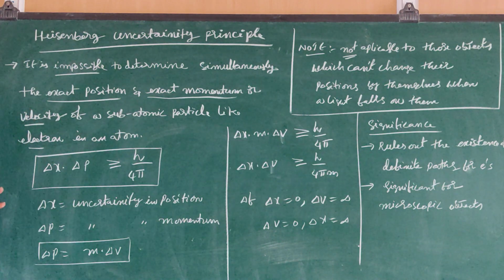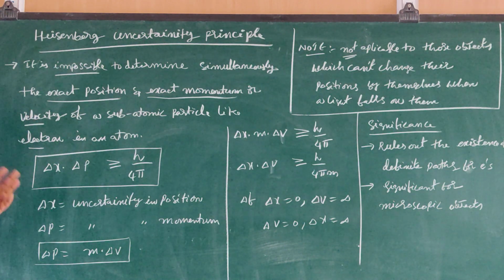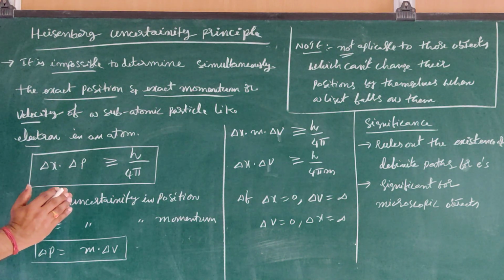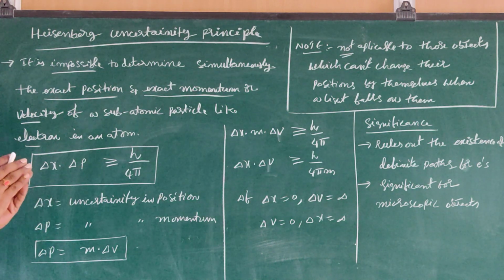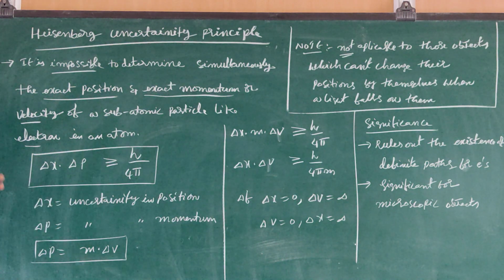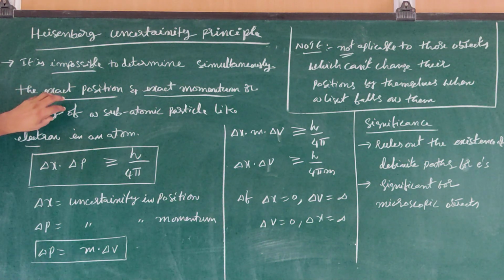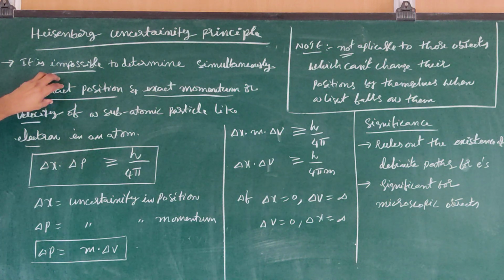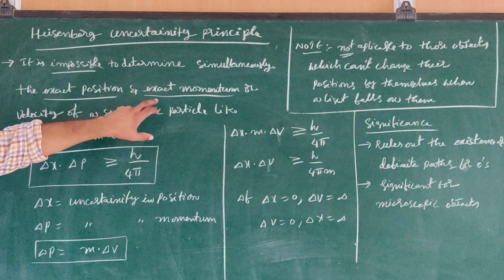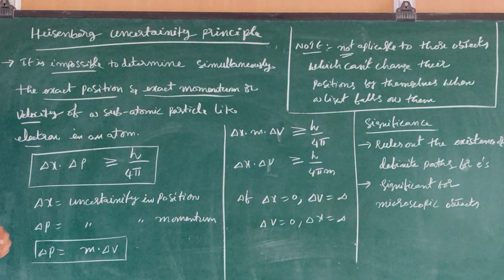According to Heisenberg, to calculate the exact position of electron or exact momentum of electron at a time is impossible. If you are able to know the exact position, then we will be unable to calculate the exact momentum.